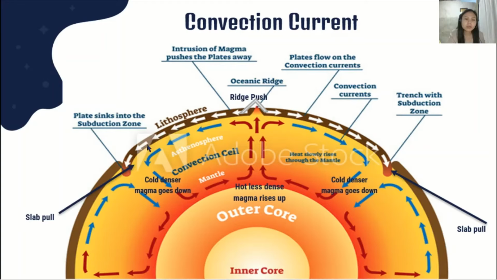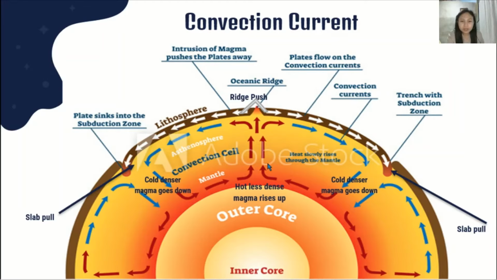So from the ridge push in the oceanic ridge, the plates are pushed in separate directions in the divergent plate boundary, and then the plates are pulled down in the subduction zone, which is the convergent plate boundary.